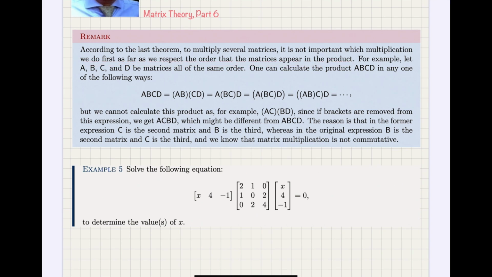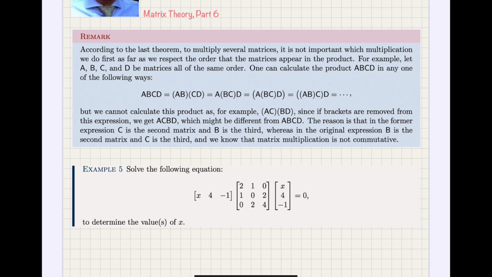For example, let A, B, C, and D be matrices of the same order, because I want to guarantee the product is defined. One can calculate this product in any one of the following ways. It doesn't matter if you prioritize this product and then this product, or you write it in that way, or in this way. All of them are the same.